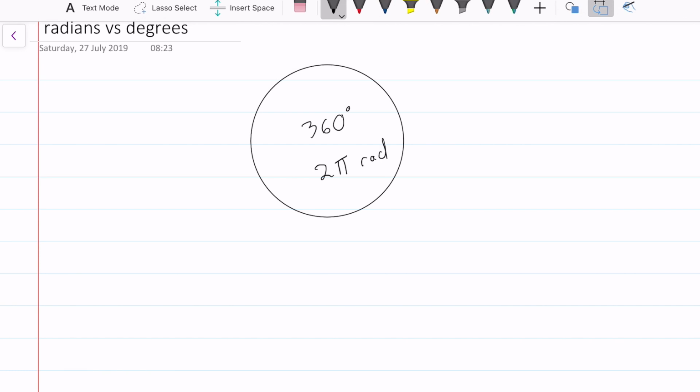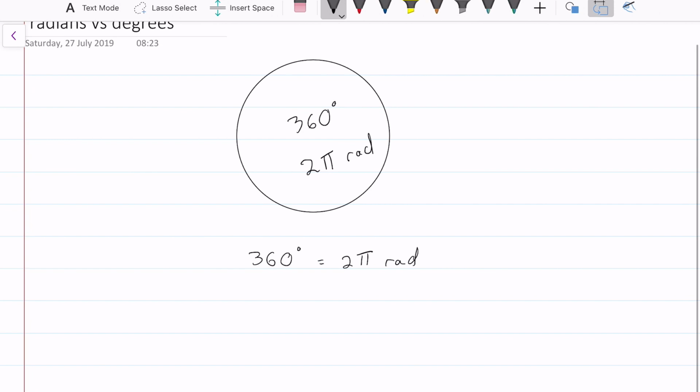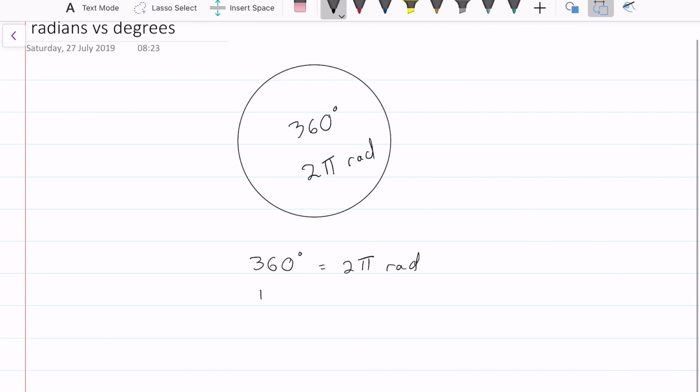I'm not going to go over the proof of that, but I'm going to ask you to believe me. So 360 degrees is equal to 2 pi radians. We can simplify this a bit more by dividing by 2, and we can say that 180 degrees is equal to pi radians.